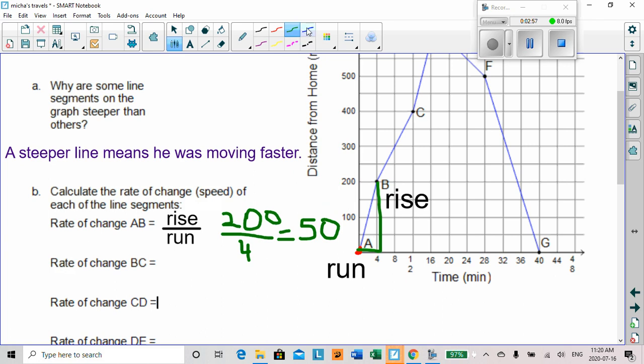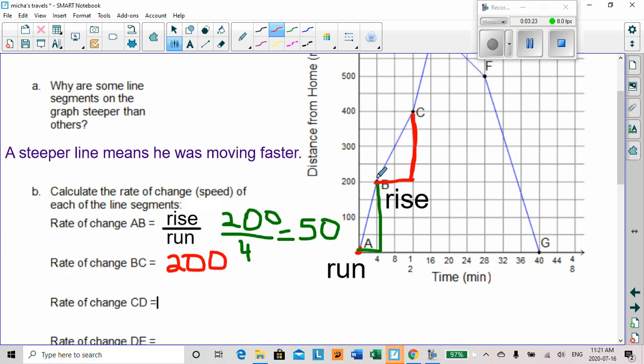Now we're going to do the same thing for the next section, from B to C. So you make a rate triangle that goes from B to C. The distance this time, from here to here, is from 200 to 400. So the rise is 200.